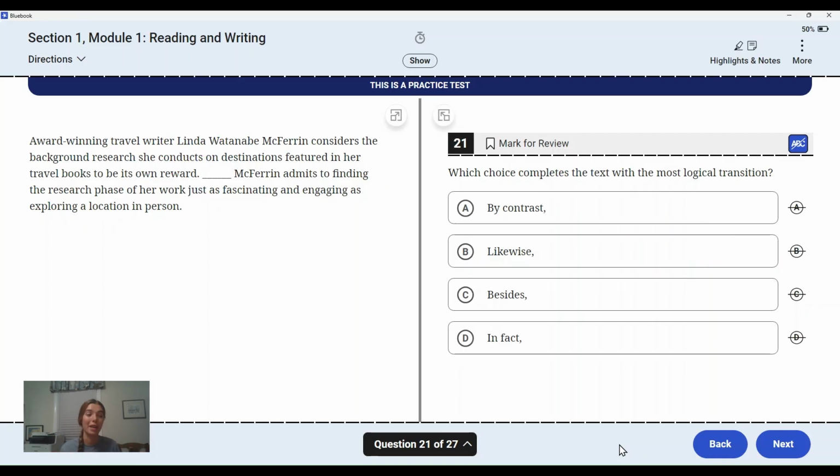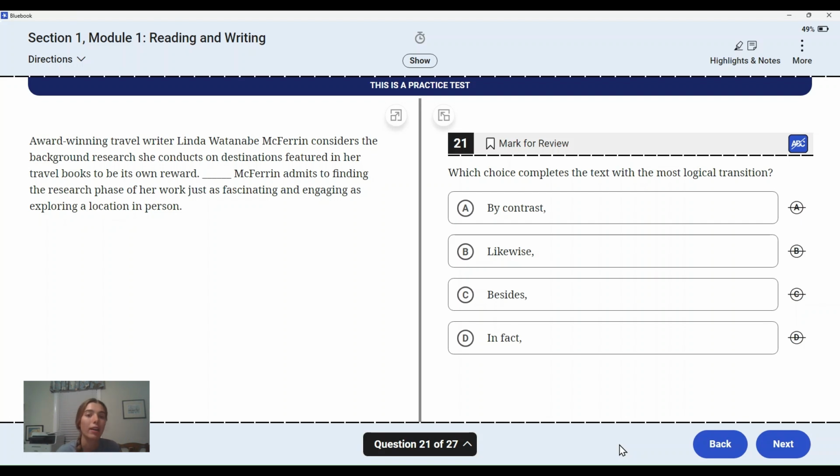Two more problem types. This type of problem is what I would call a transition problem. It's where you use transition words to go from one sentence to another. You're going to want to figure out what the sentence before the transition and the sentence that the transition is in have to do with each other before looking at the answer choices. So again, read the passage first.